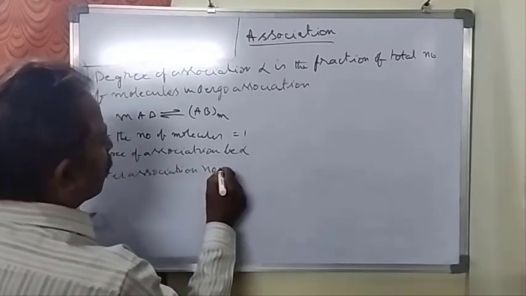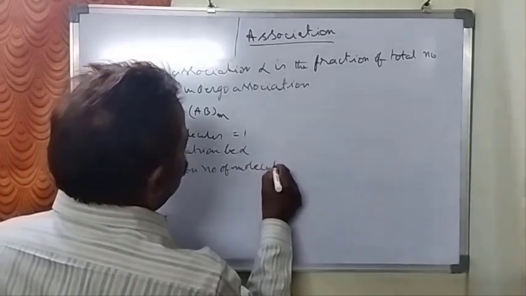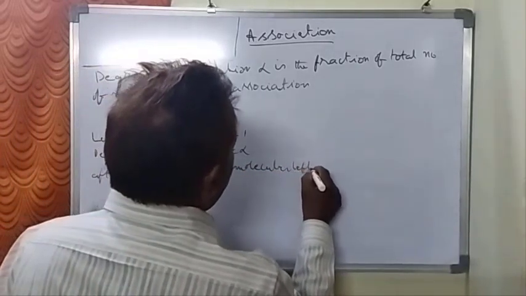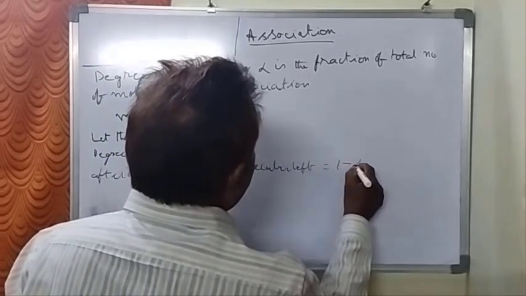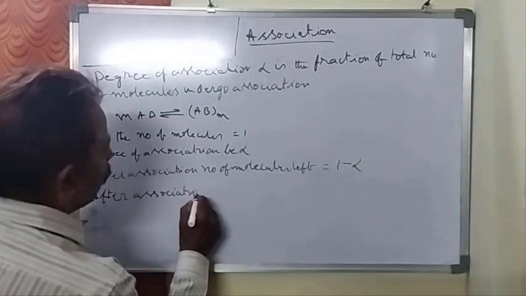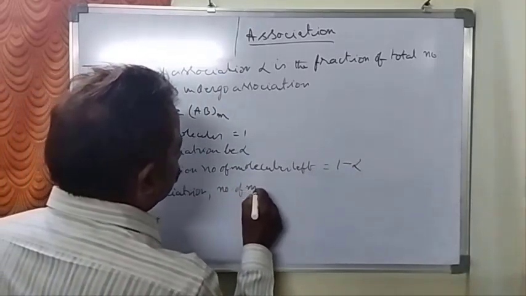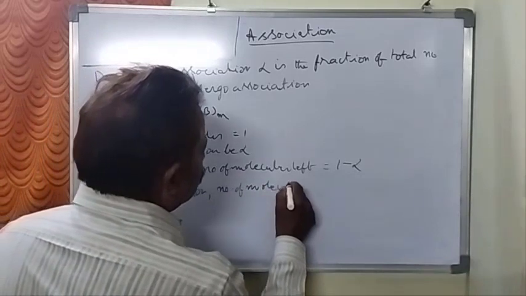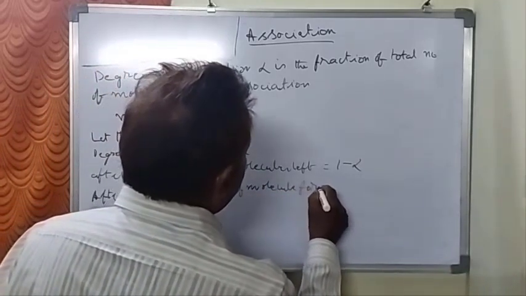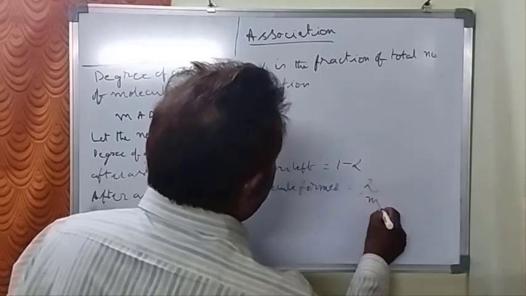So after association, the number of molecules left equals 1 minus alpha. After association, the number of molecules formed equals alpha by m.